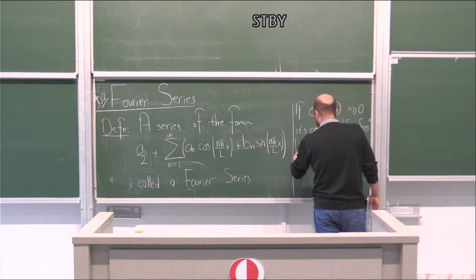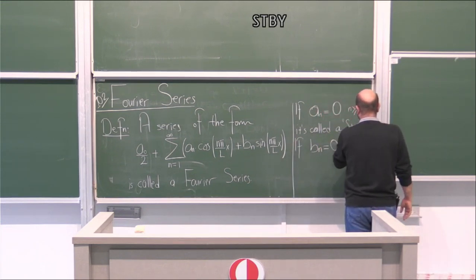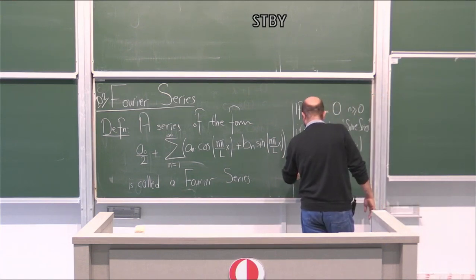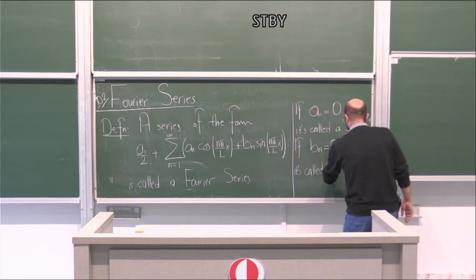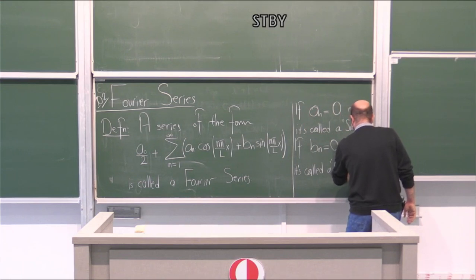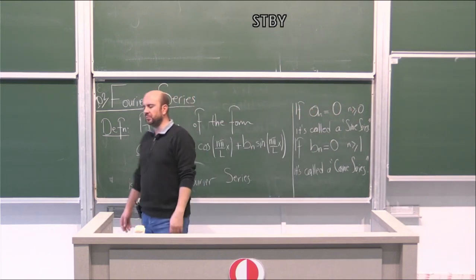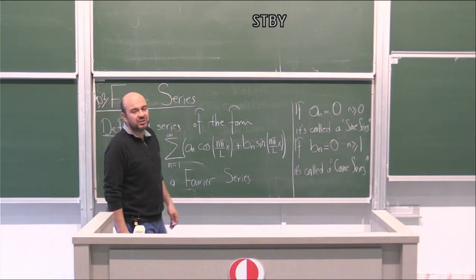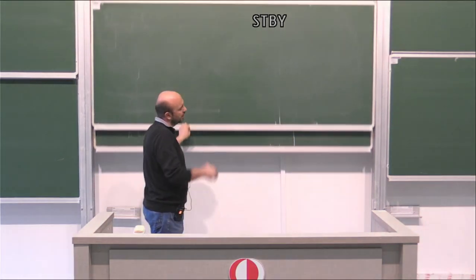If all BNs are equal to 0, it's called a cosine series. Remember, in the solution of the heat equation, for the homogeneous heat equation we were trying to get a sine series. There wasn't any cosine there.